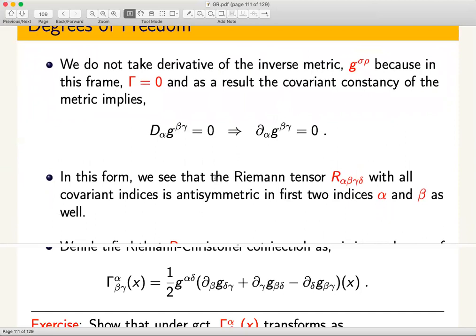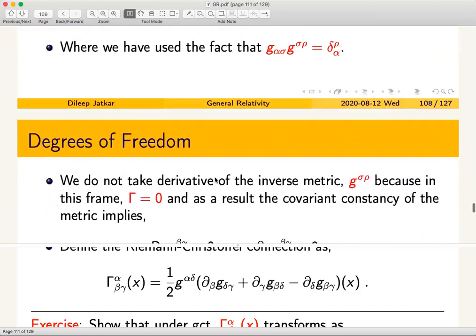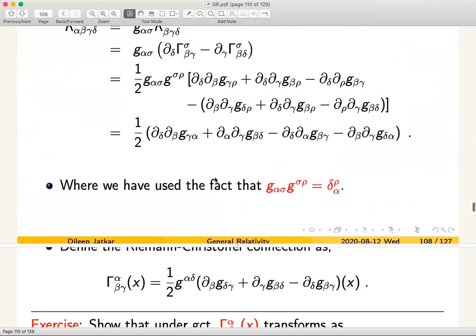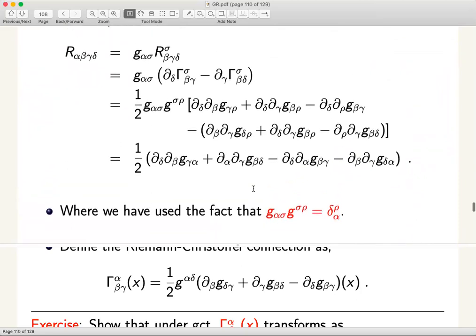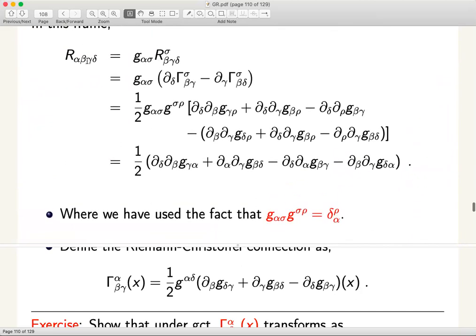Let's go back and look at this expression so that we can make a statement. Even in the original definition of the Riemann tensor, before we brought all the indices into covariant form, we knew it was antisymmetric in gamma and delta.